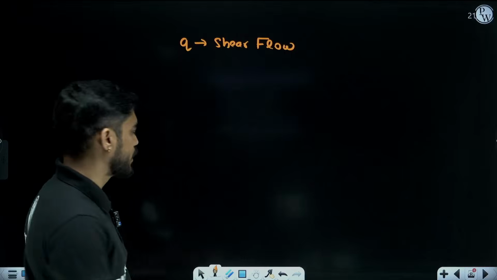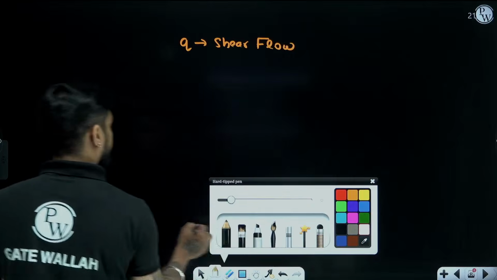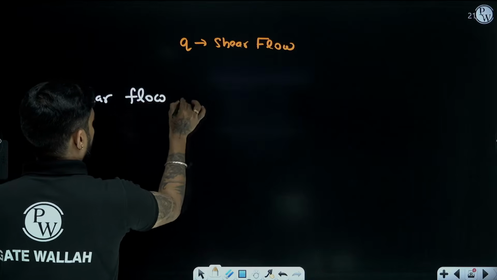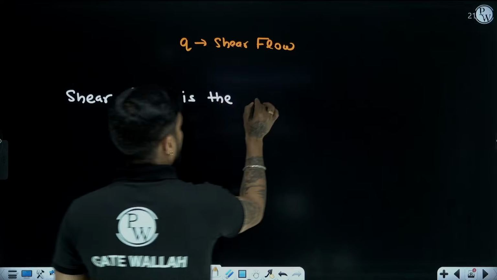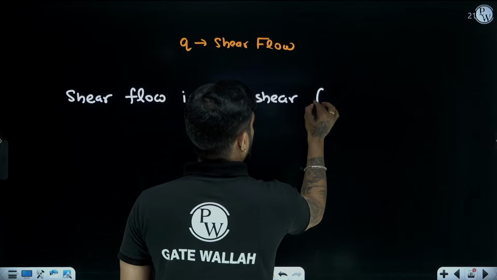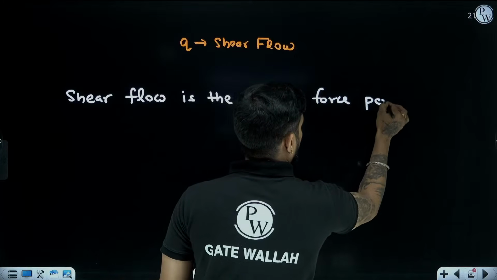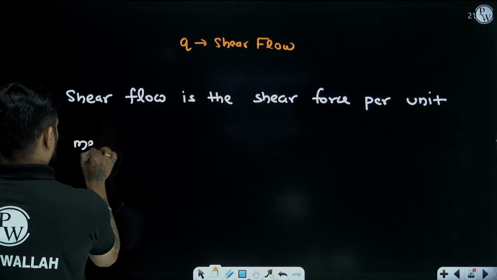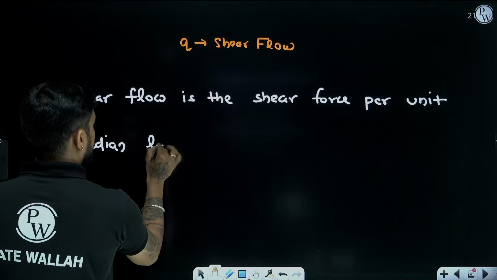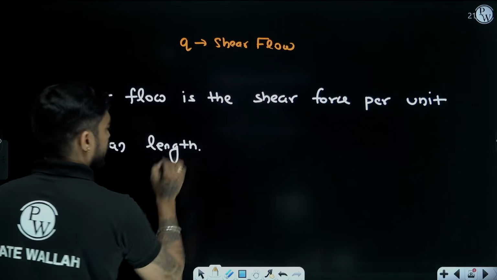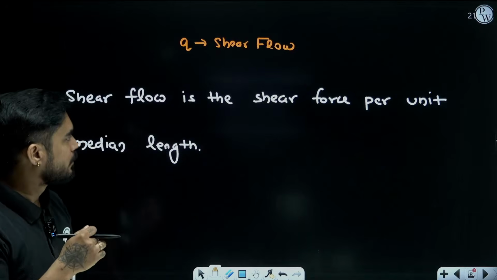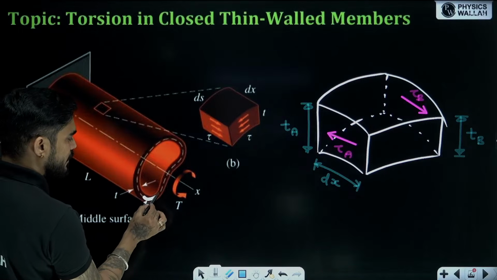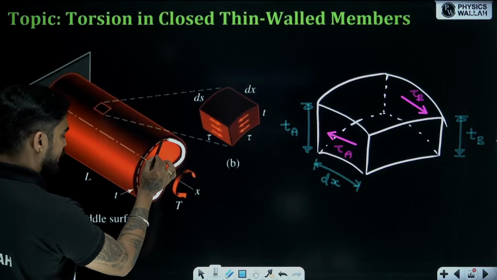Now what is this shear flow? Shear flow is the shear force per unit median length. Median length means what? You can see that this is a center line, median line. Can you see?